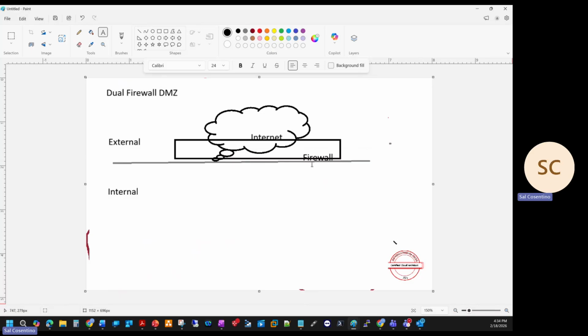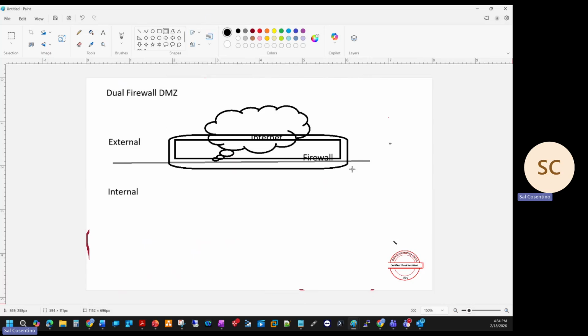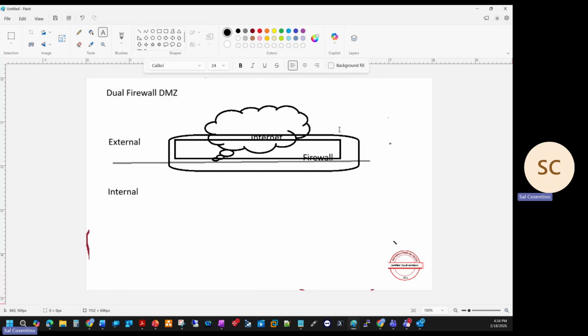So you have your firewall, and then you also have your DMZ, and that could be anything. We're still at the layer of the internet, and you'll have your DMZ network.